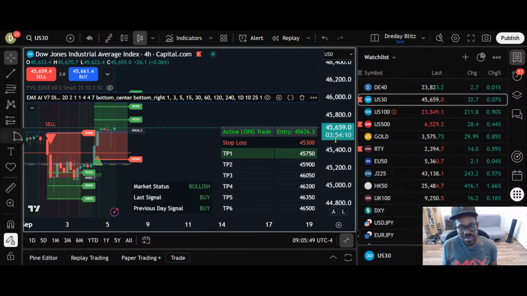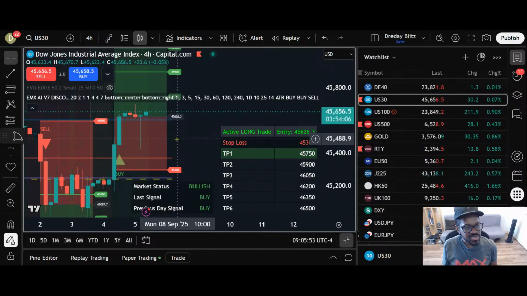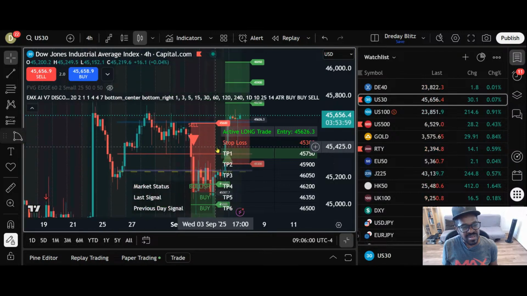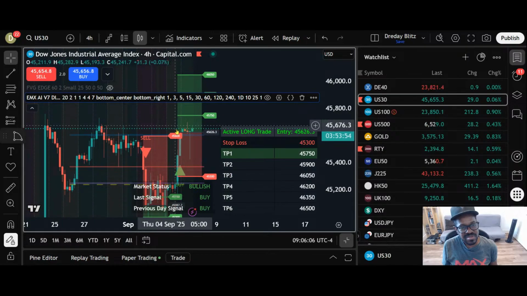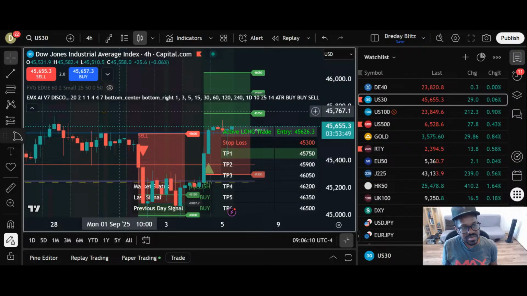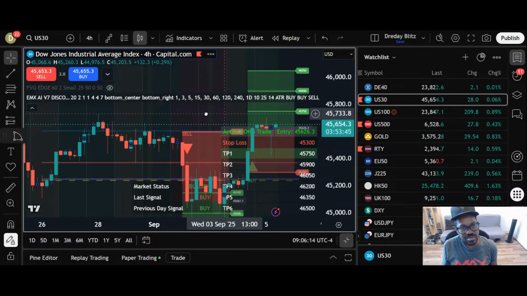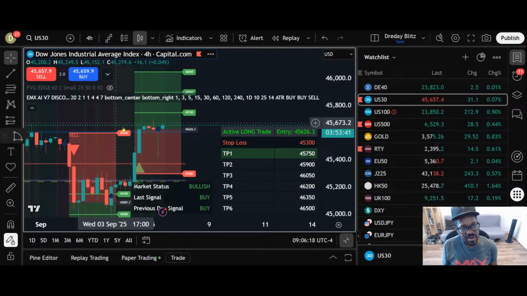Yeah, but that 4 hour, did it just trigger? No, it's been a while that it triggered, Leon. So you have one, two, almost three touch points here for a resistance zone on the 4 hour.